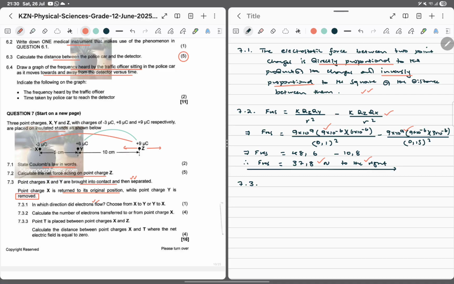So the electrons moved from X to Y, right? It makes sense like that. So 7.3.1 is going to be X to Y. It's supposed to be like this. But again, you should know this all already.